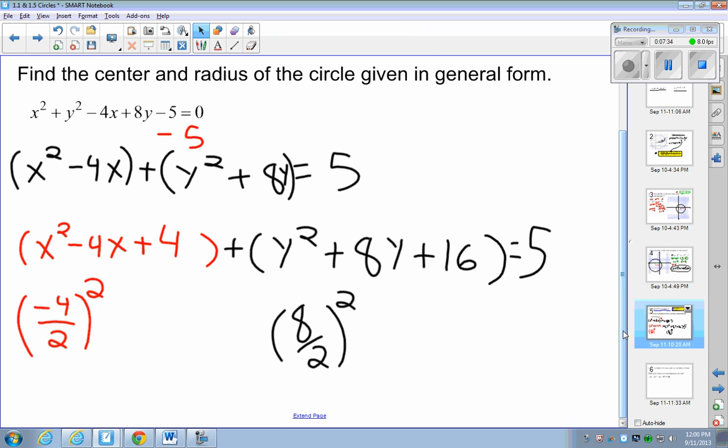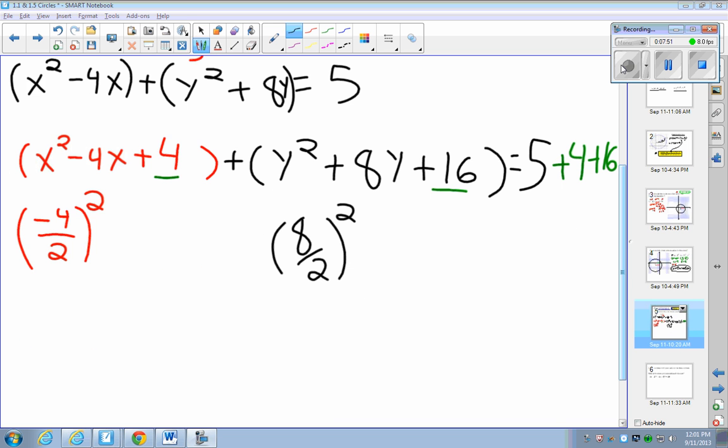However, we did add this 4 and this 16 to the left side, so what we do to the left side, we also have to do to the right side. So we're going to add 4 here, and we're going to add 16 here. All right, now let's factor these two right here.